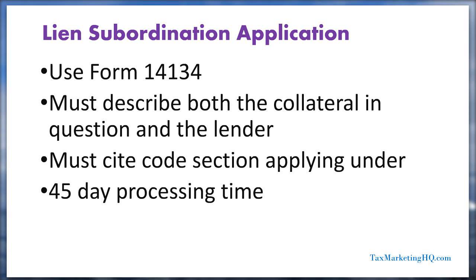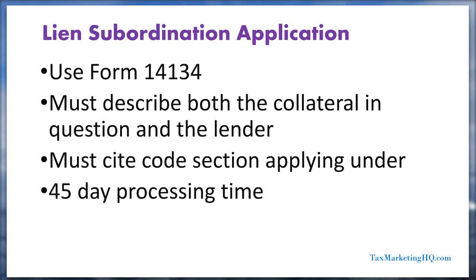So you cannot subordinate a tax lien to nothing, okay, or to yourself. That can't happen. So there has to be underlying collateral and an underlying third party that you're subordinating to. And people do try to subordinate liens to themselves or to their own business, and those applications get thrown away. Okay, they're not even processed by the service.